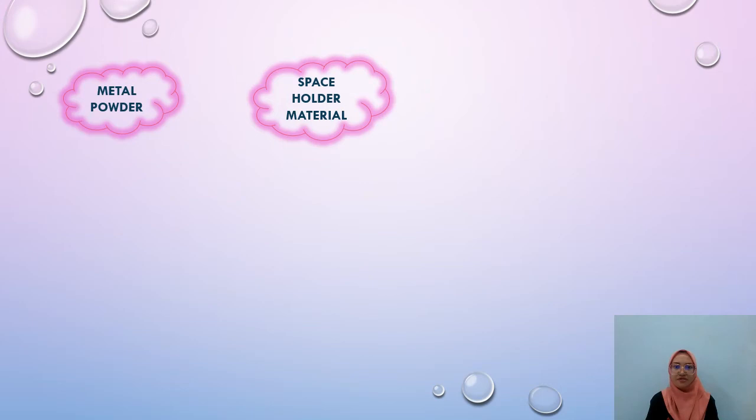Characterization of space holder materials. In this research, the space holder is characterized using the differential scanning calorimeter (DSC) test. This test is used to analyze the space holder material melting temperature. It specifies the space holder material onset and peak melting temperature.